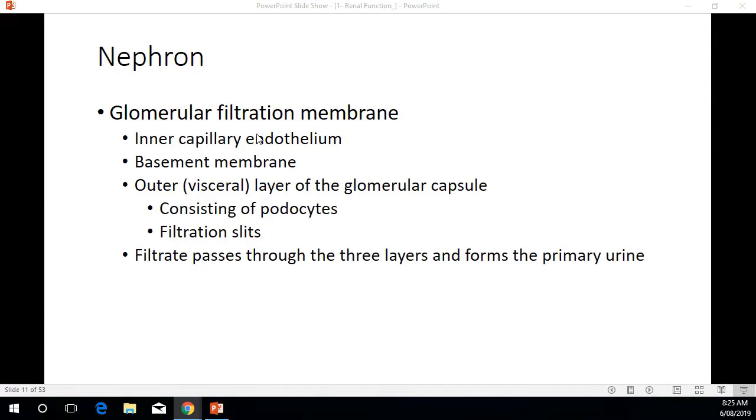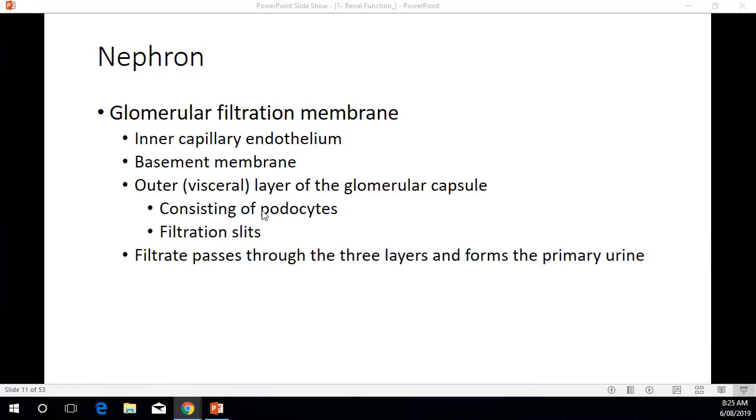After endothelium, there is the basement membrane outside the capillary endothelium. After basement membrane, you have the visceral layer of glomerular capsule or the Bowman's capsule, where you have cells which are called podocytes.